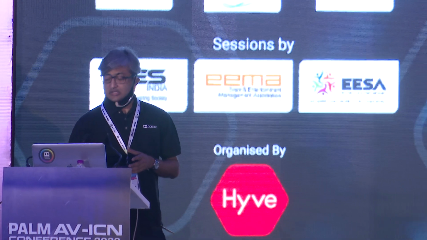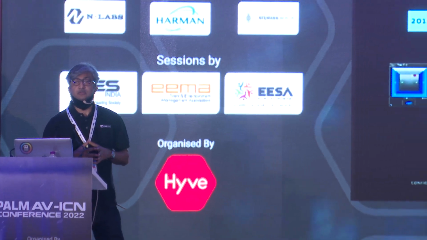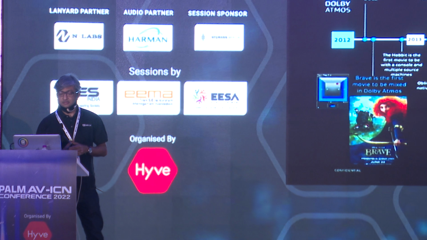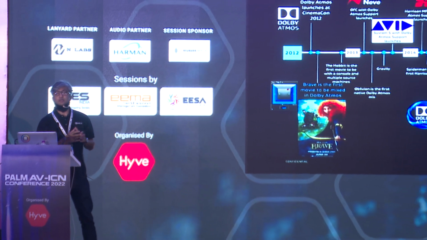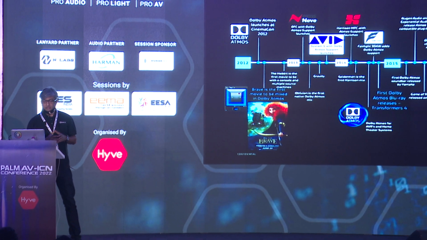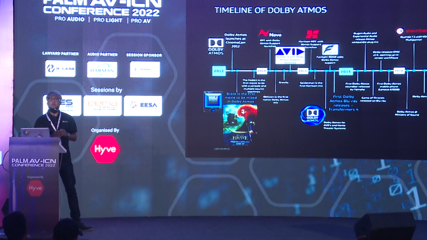In 2012 it was introduced in cinemas, and Disney's Brave was the first movie released in Dolby Atmos. Today we are in 2022, exactly 10 years since cinematic Atmos started its journey.